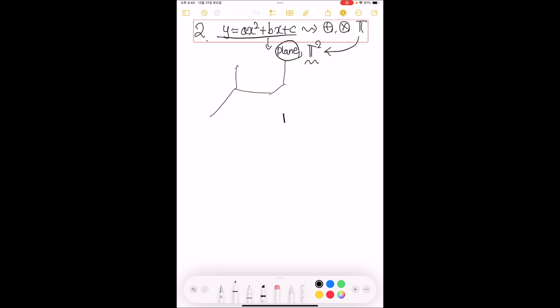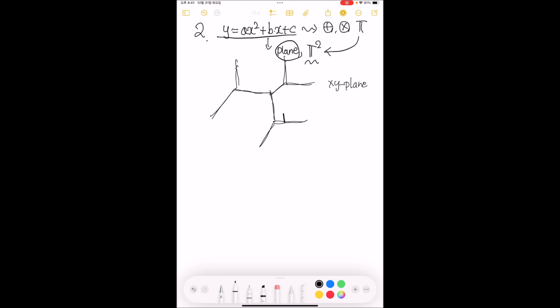This is one example of the projection image of the plane into the XY plane. It is geometrically like a branch of a tree or a cell space.